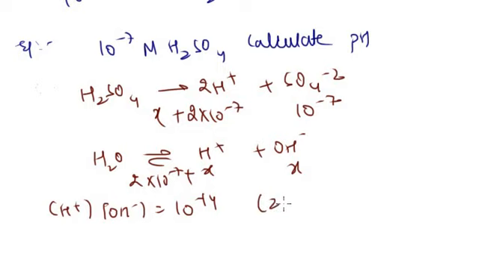So you will be solving 2 into 10 to the power minus 7 plus X, into X, equals 10 to the power minus 14. You will calculate X and find the concentration of H plus by using that quantity.